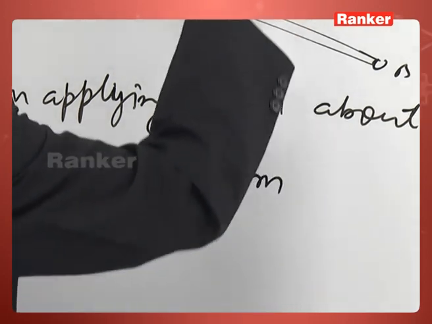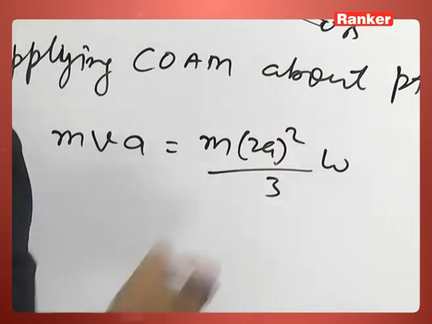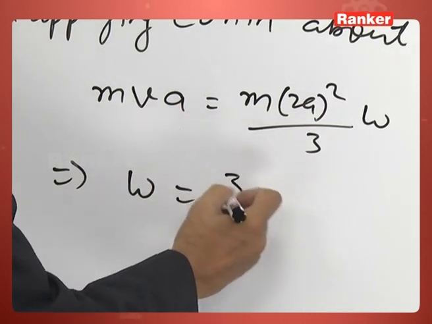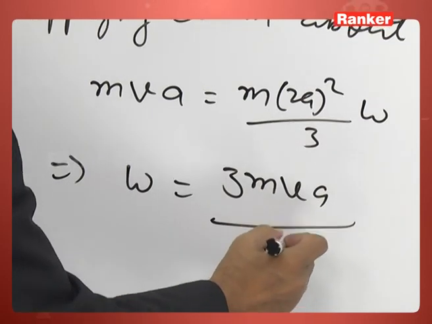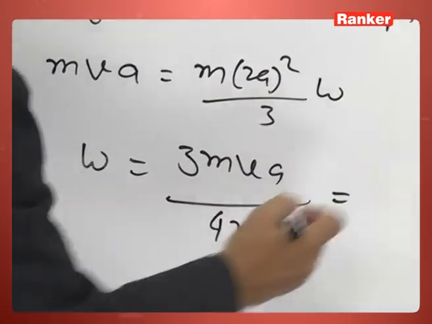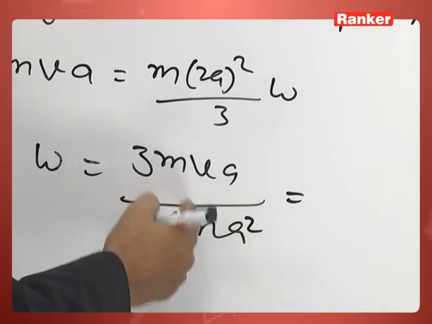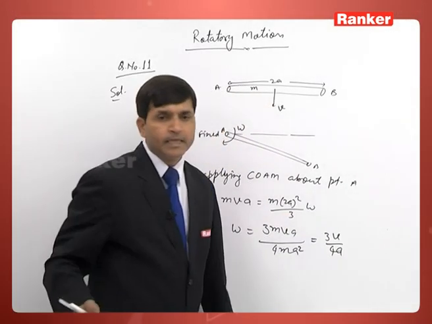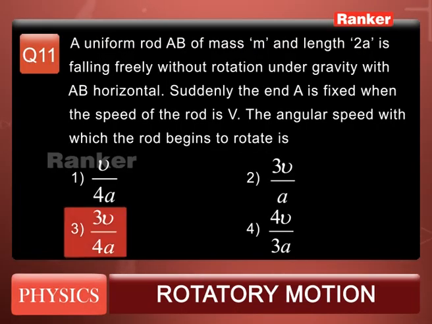So, m times length 2a squared by 3 into omega. So, omega is equal to 3 m v a by 4 m a squared. So, m and a one cancel, so it will be 3v by 4a. This is the angular velocity. So, our option number 3 is the correct option. So, hence the answer is number 3.